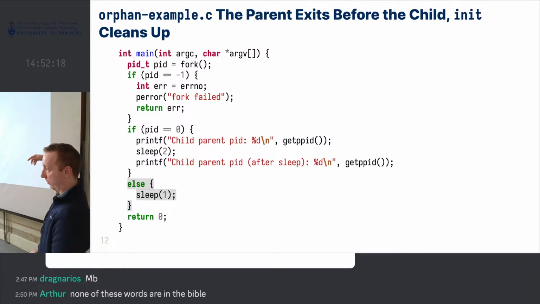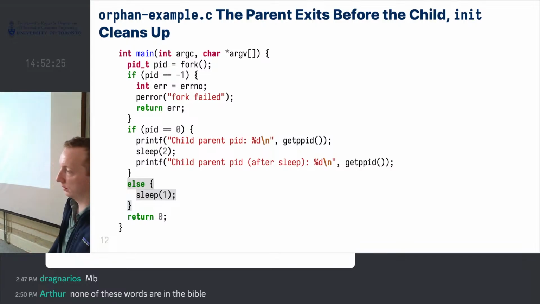And the parent just sleeps for a second and then exits. But you still have to have a process that runs before another one, right? If you ran the parent first, how would the first print line of the child still print its parent's ID? So the question is, if the parent ran first, what does it matter?